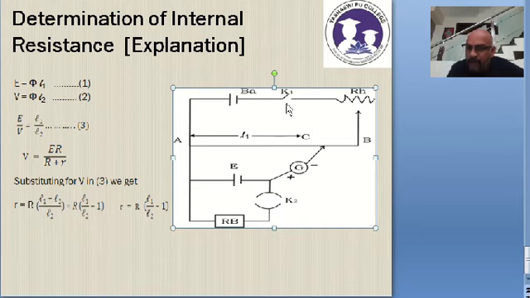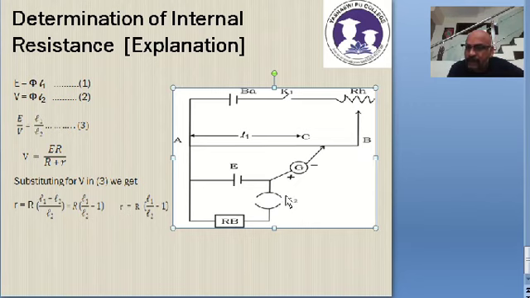Of course K1 also. K1 is closed, K2 is also closed. When you close the key K2, resistance is included. When there is a resistance, whatever you measure becomes the terminal potential difference. I have told you this in the previous session.